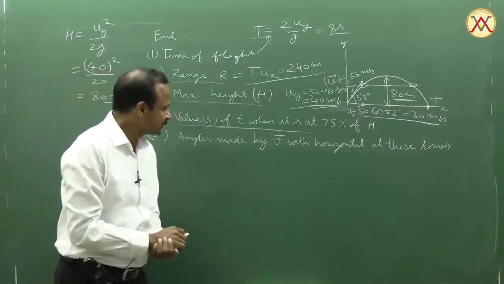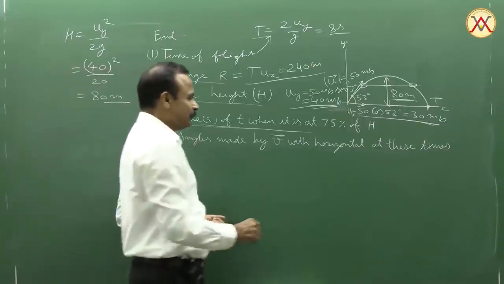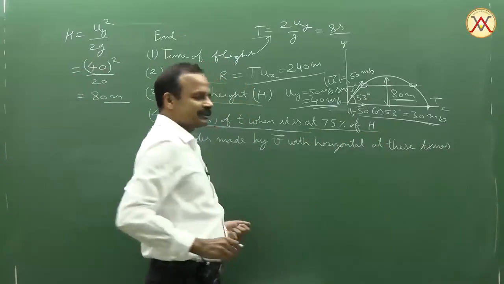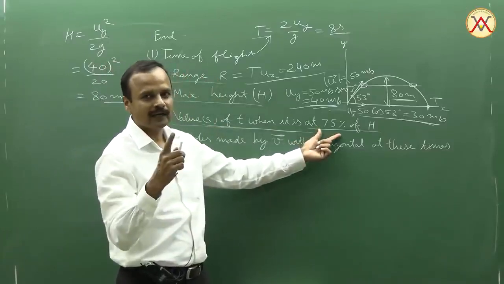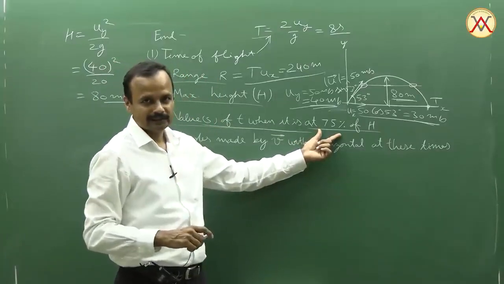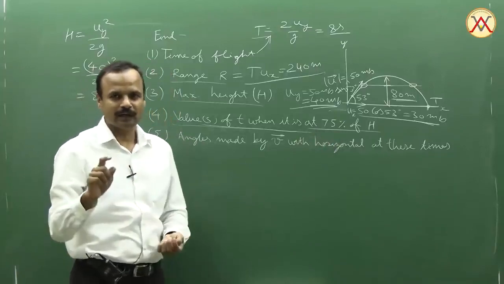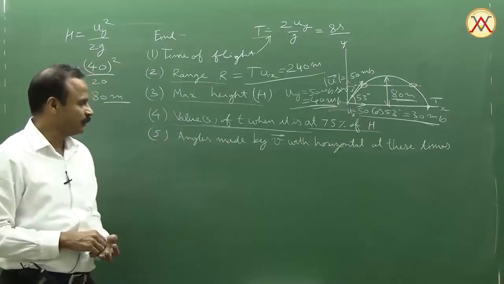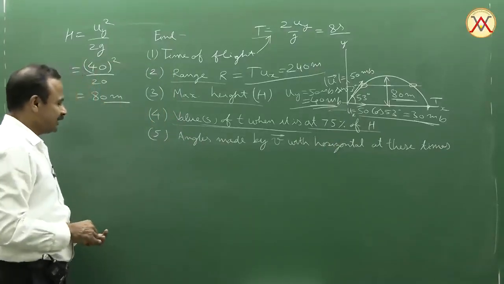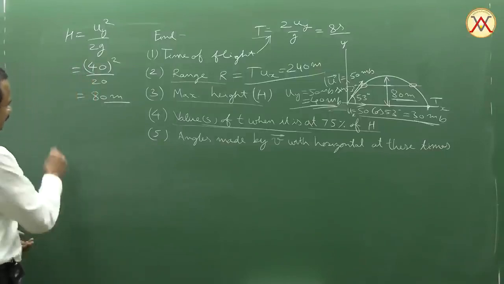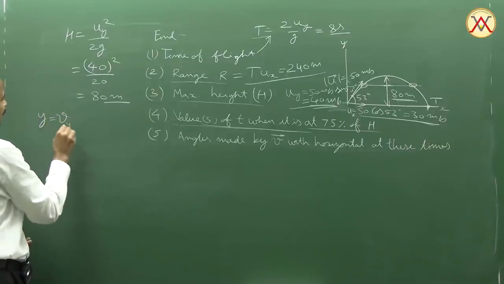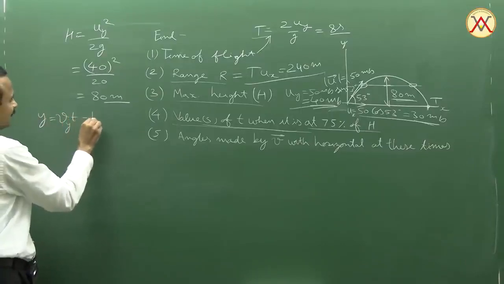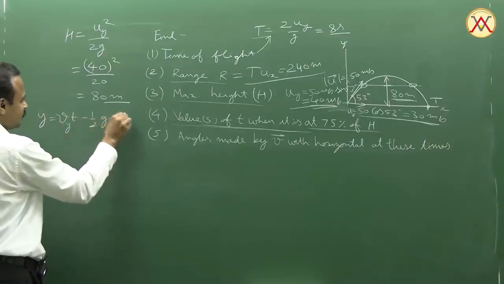And how to do this? See, when the particle is at 75% of maximum height, what we are given is the y coordinate of the particle. So we must use the formula of y coordinate of particle that we got using the second equation of motion, and it was this: y is equal to uy t minus half g t square.